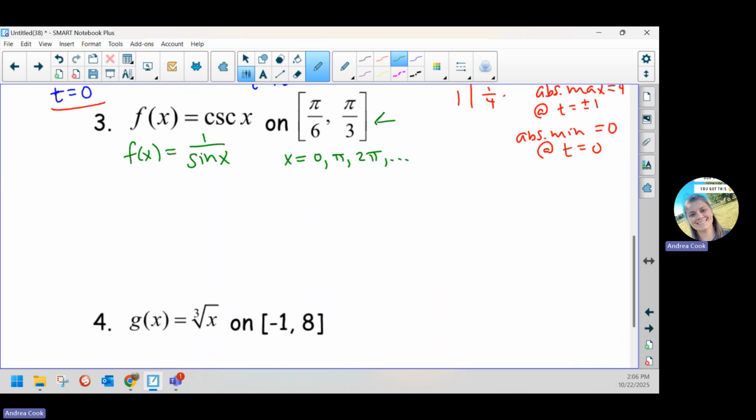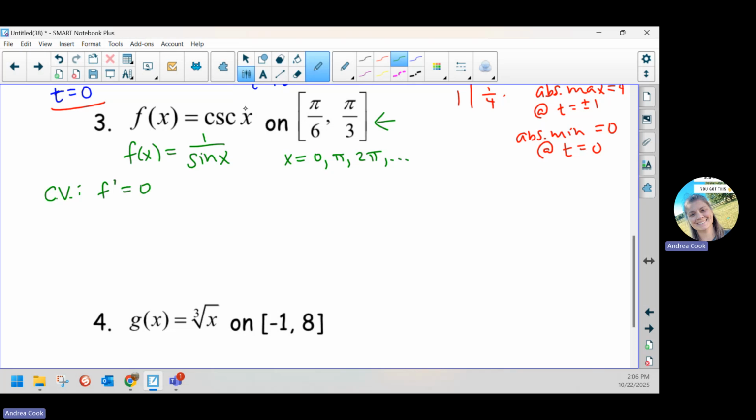But on this interval, none of those values occur. So this function is continuous, so there will be a min or a max. So I'm going to find the critical values. So my critical values are where f prime is equal to 0.